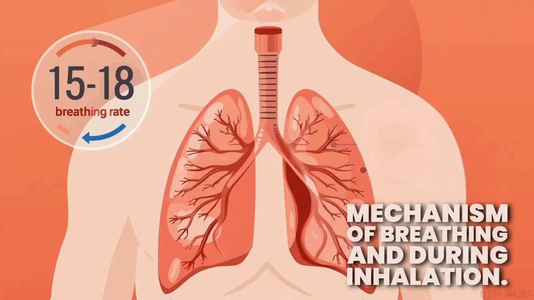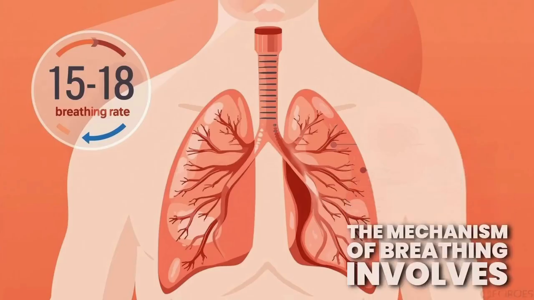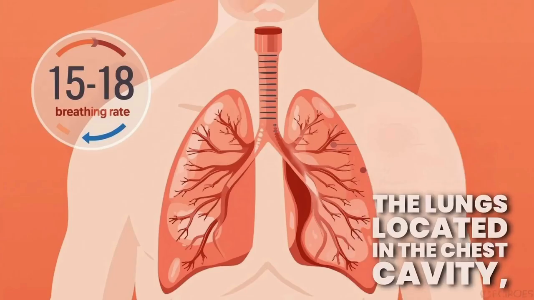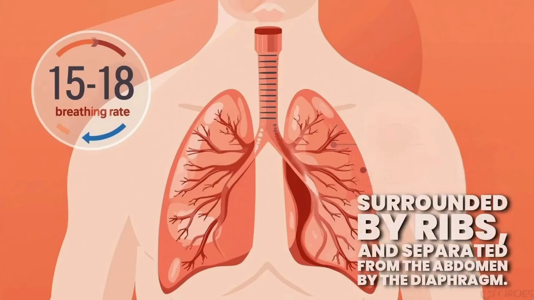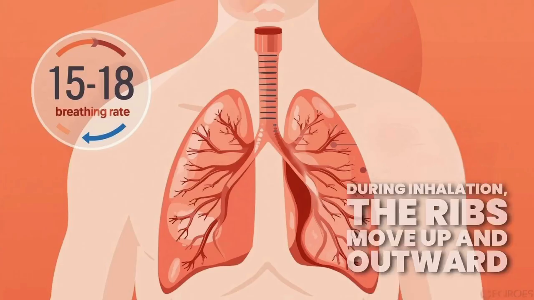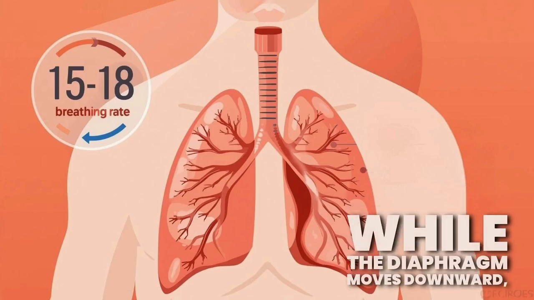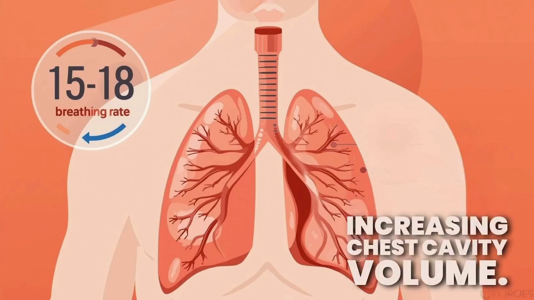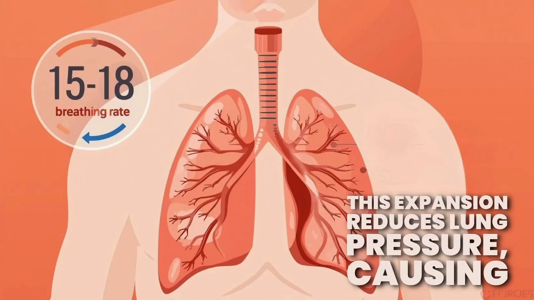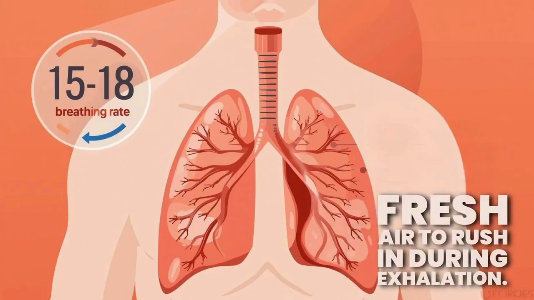Mechanism of breathing. The mechanism of breathing involves the lungs located in the chest cavity, surrounded by ribs and separated from the abdomen by the diaphragm. During inhalation, the ribs move up and outward while the diaphragm moves downward, increasing chest cavity volume. This expansion reduces lung pressure, causing fresh air to rush in.